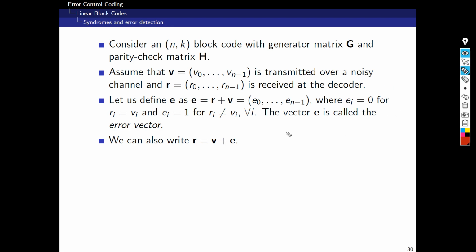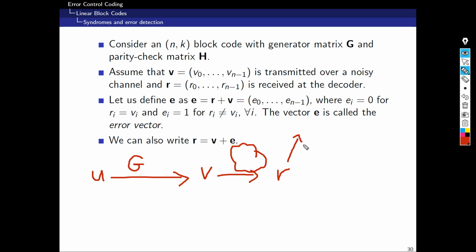Let's summarize what we have done so far. You have U as the transmitter. Then using the generator matrix and the encoder circuit, you got V, and then V you transmitted through the noisy channel, and you get R. Now R is equal to V plus noise, and those both are vectors.